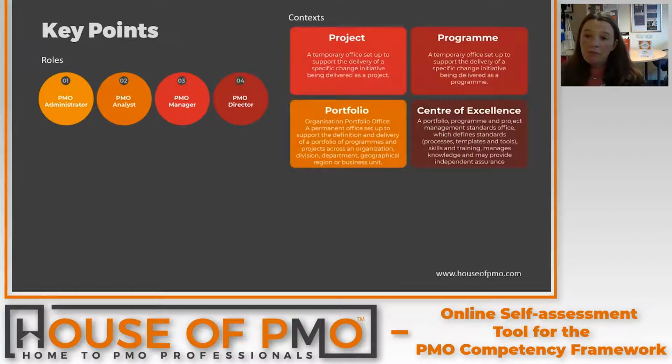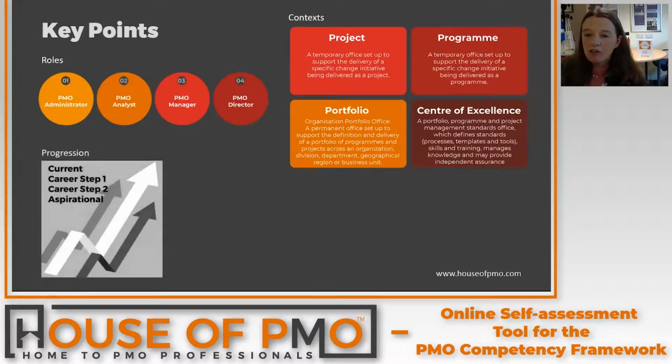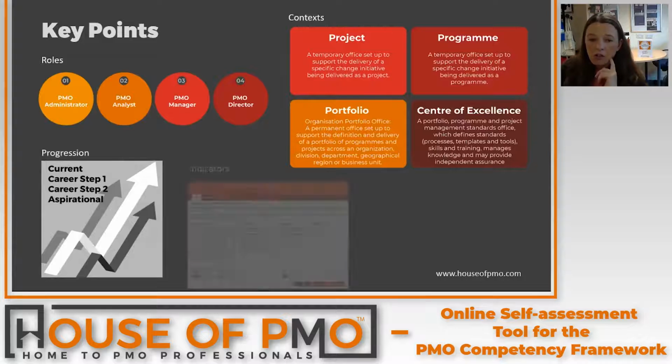So when it came to picking my roles, I would have PMO administrator project and PMO administrator centre of excellence. So I could do the competencies against both of them. So it's the context as well that you're thinking about. And also the progression, you can pick multiples. It doesn't have to be one. You don't have to pick any at all. You can just purely do it on the way you are currently. So again, just thinking about how you can use it.